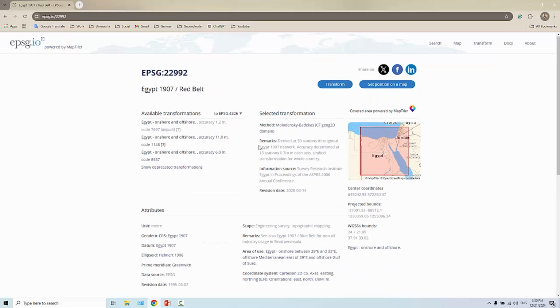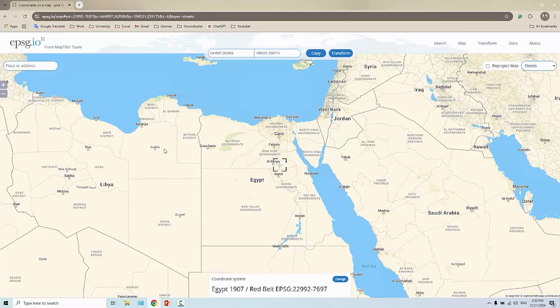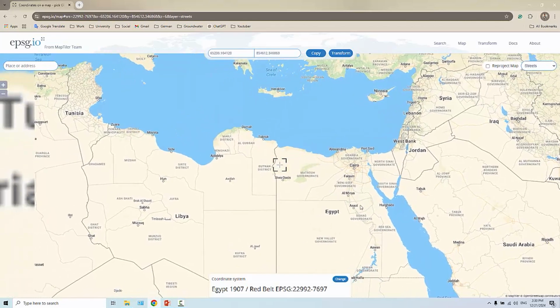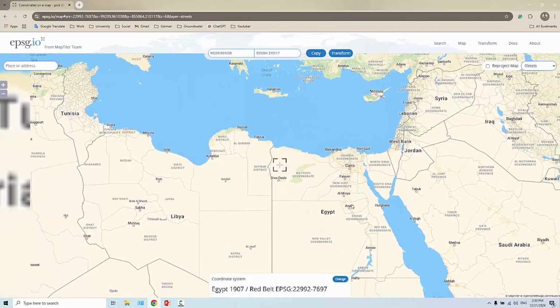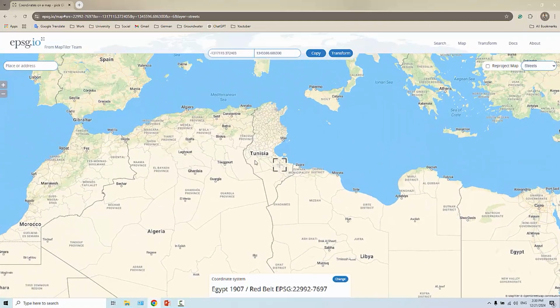It gives you so much information about this coordinate system, and you can also click on the map and get the easting and northing of any point on the Earth according to this coordinate system. So, for example, I can get the easting and northing of other countries, like Tunisia.